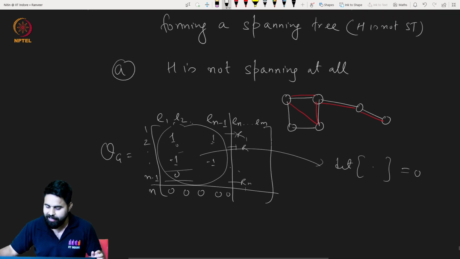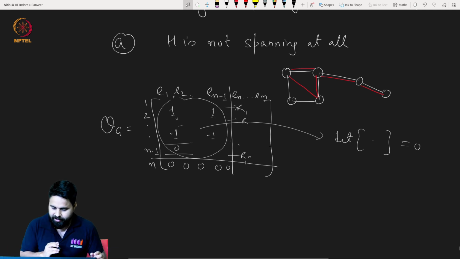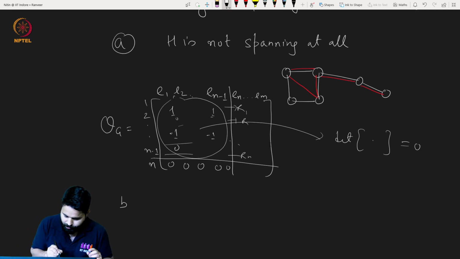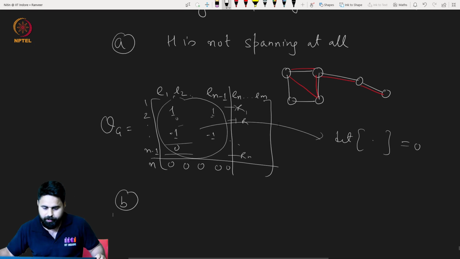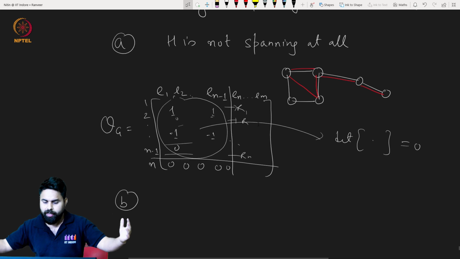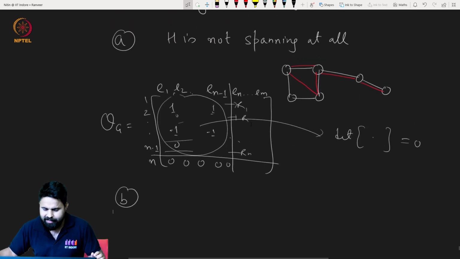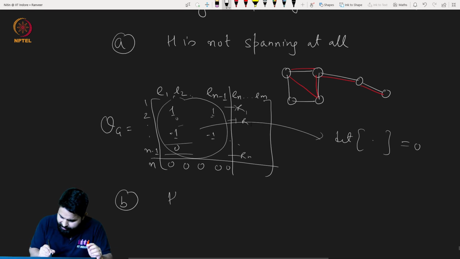Now let us see another case. Suppose H is spanning, but it is not forming a tree. So this is the case. H is spanning.